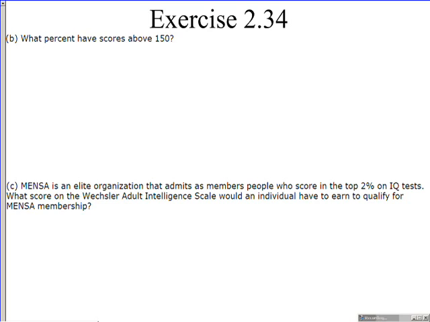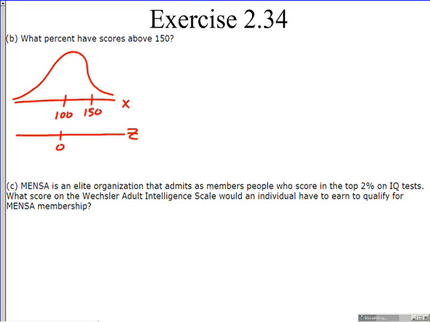Part B, what percent have scores above 150? So again, we're going to set up our table. 150 is out here.